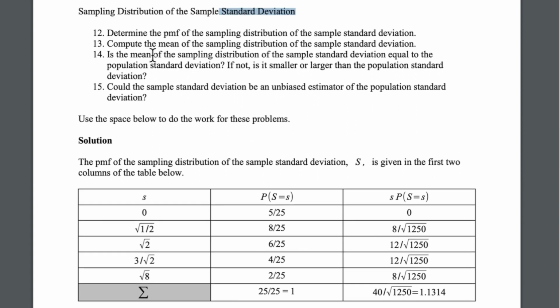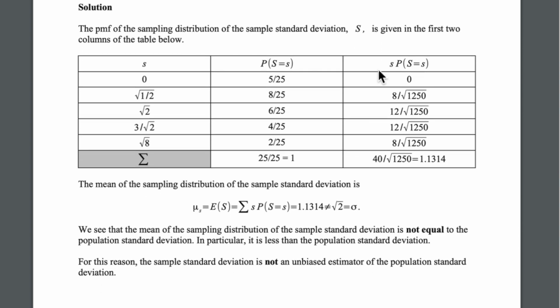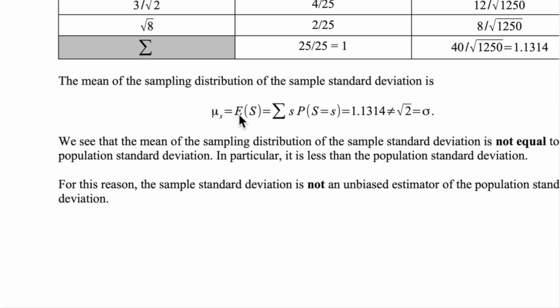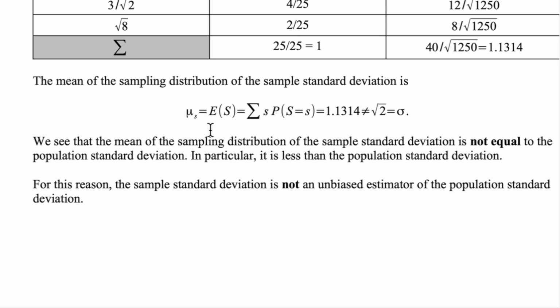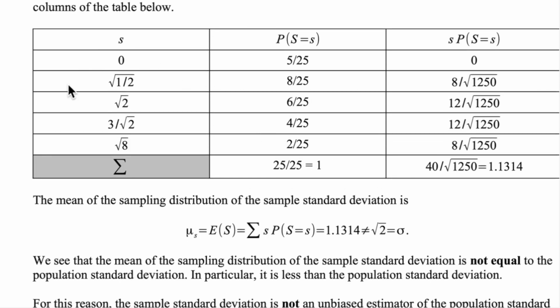And then the next question asks us to compute the mean of the sampling distribution of the sample standard deviation. Again, I've got two ways that I'll denote this, as mu sub s in this case, and also the expected value of s. And this is defined to be this weighted average of the values taken on by the sample standard deviation, the weights being these probabilities.